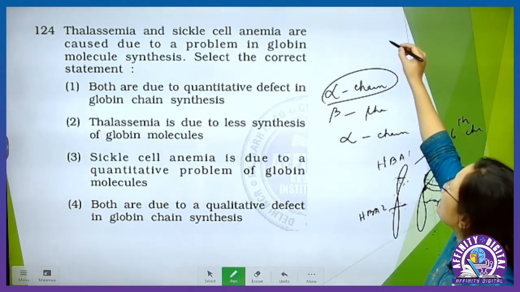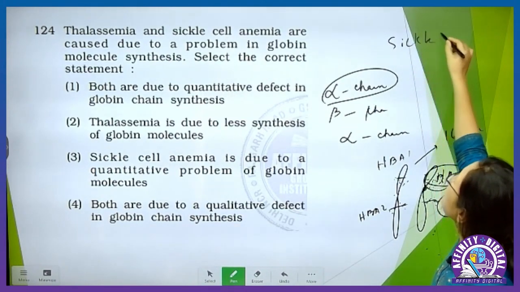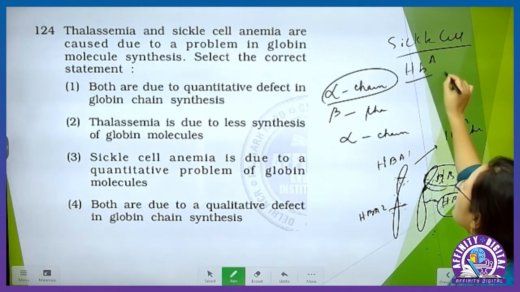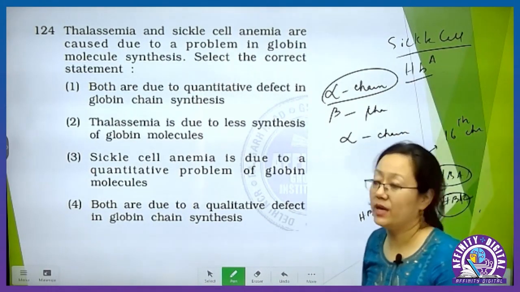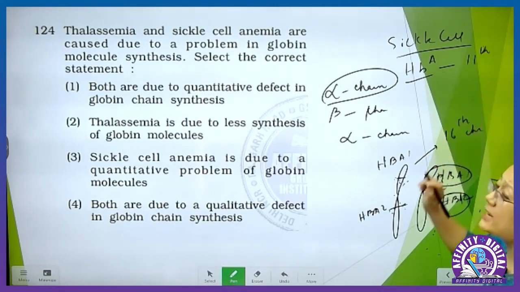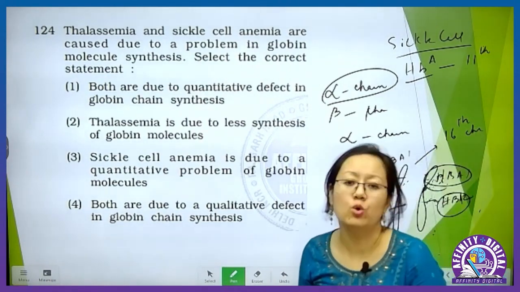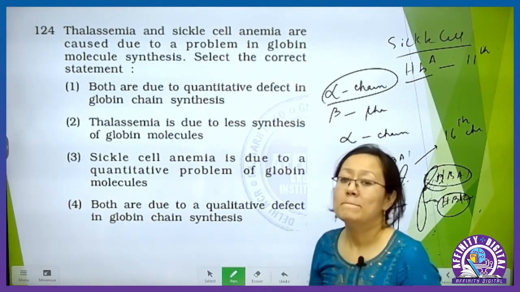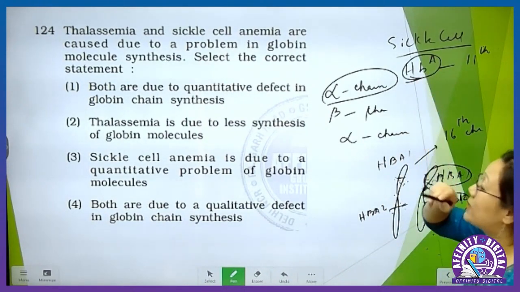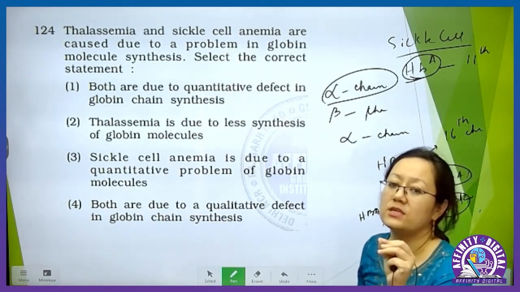But with respect to sickle cell anemia, the hemoglobin chain HbA gene, which is located on chromosome number 11, HbA is a dominant form of the gene, and it will synthesize the normal beta hemoglobin chain. Okay, but in case this gene is mutated, in the beta form of the hemoglobin chain, all of us, normal human beings, have glutamic acid at the 6th amino acid.